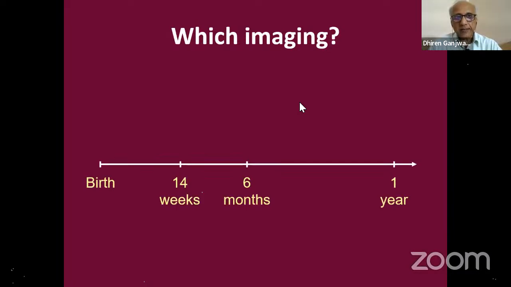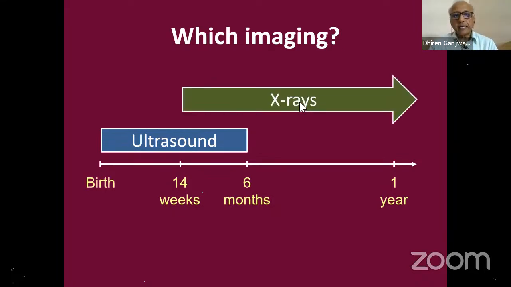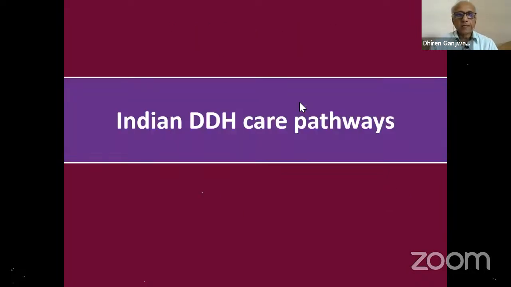According to our guideline, from birth to 1 year, we use sonography for the first 6 months of life. By 6 months, usually the femoral head starts ossifying, and then ultrasound cannot be used reliably. And X-ray is used after 14 weeks, that's 3.5 months. Before that, it does not have much reliability, but it's reliable after 14 weeks or 3.5 months.